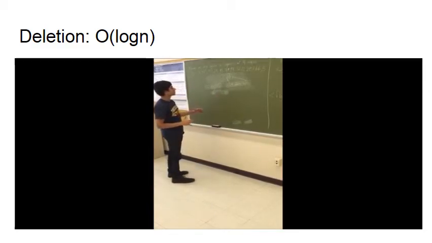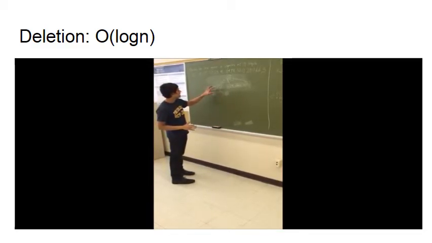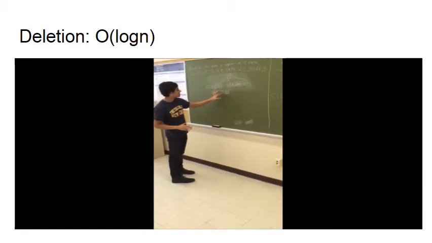If, on the other hand, we were to delete 17, it has both its predecessor and successor elements in the right and left subtrees.